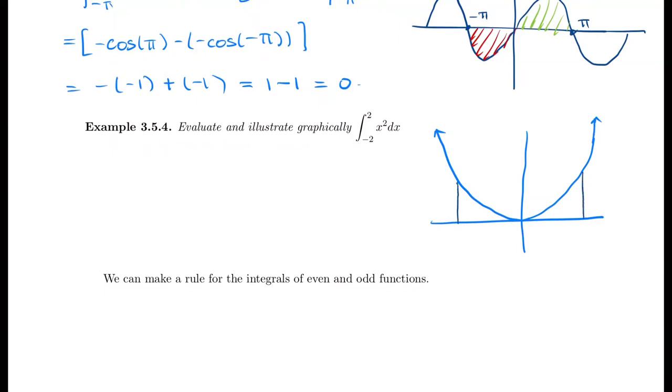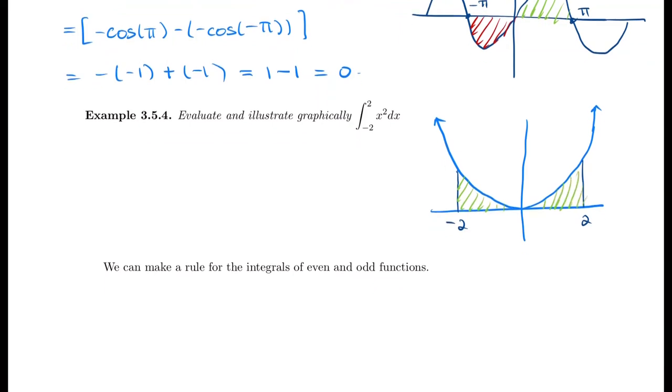This is 2 here. Then that means we have this area here and this area here. Well, one thing that we could see, since the parabola is a symmetrical function, it's an even function, then that means this area is also the same as this area.